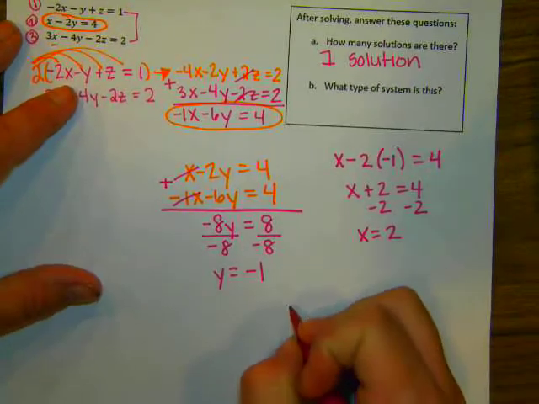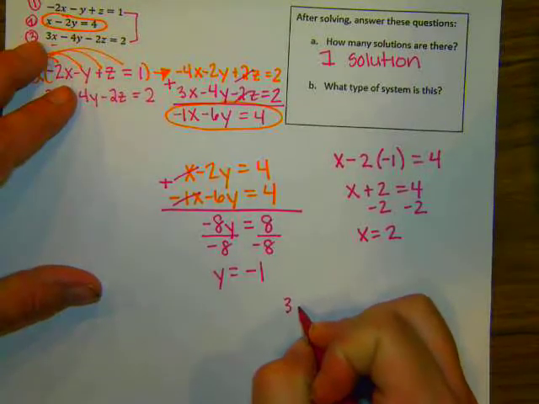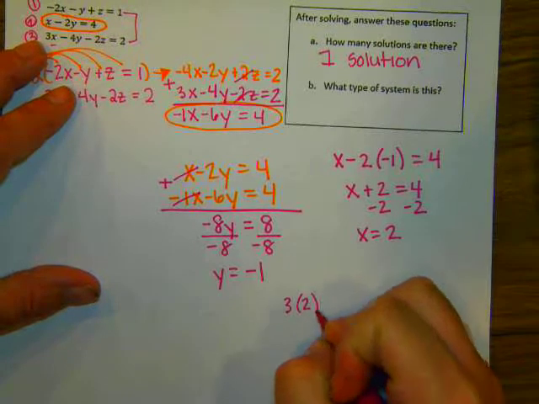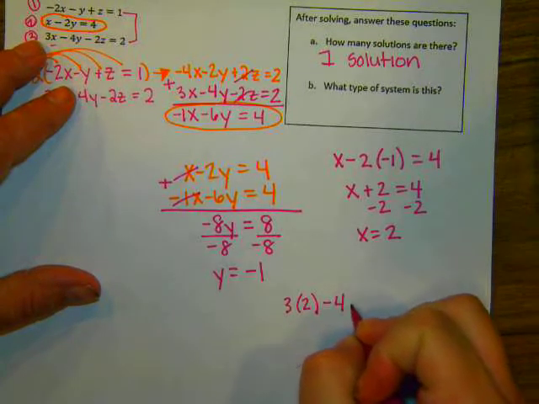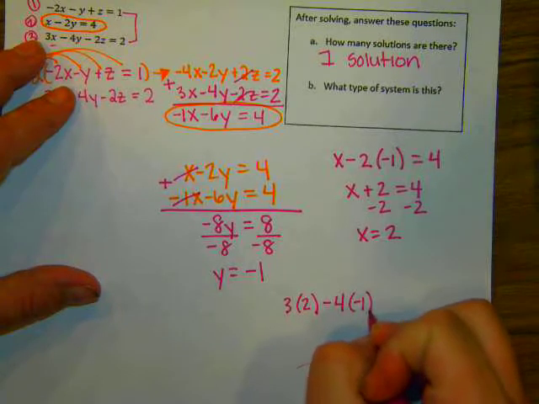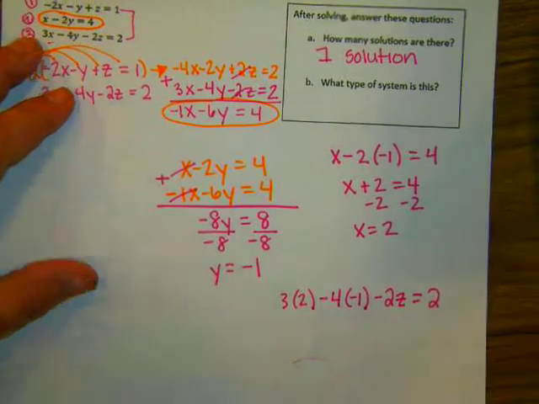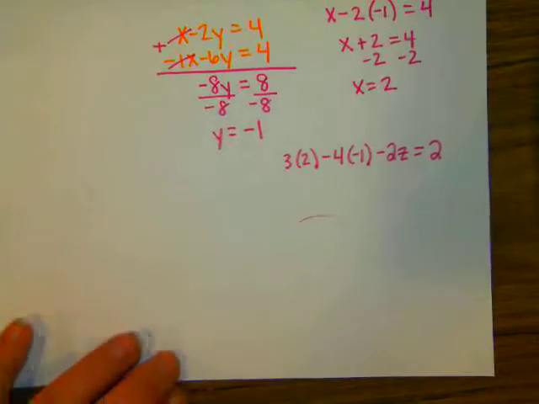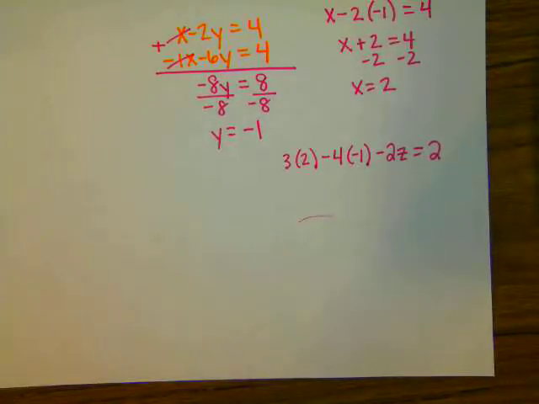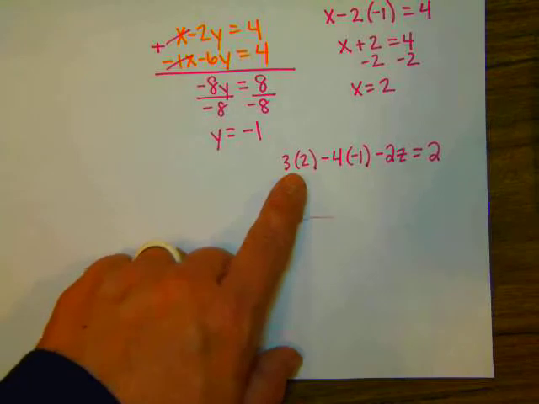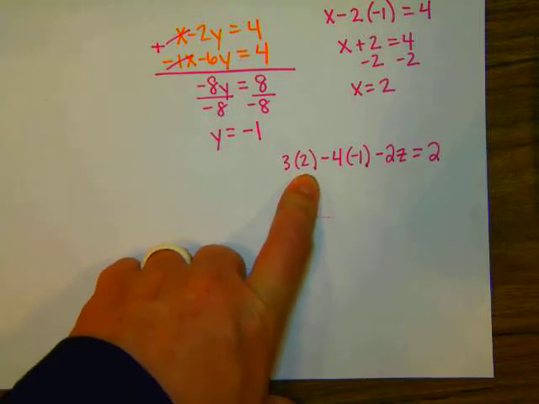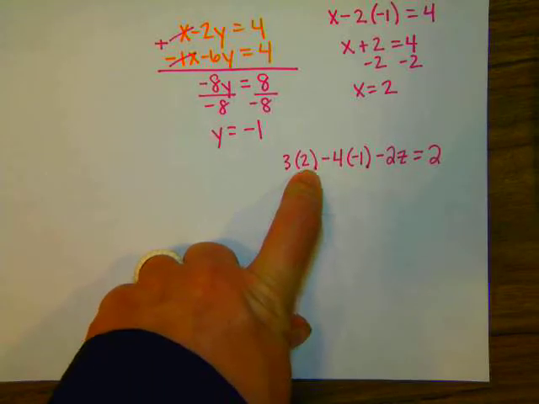So the third one is 3 times x, so that was 2, minus 4 times y, which was negative 1, minus 2z equals 2. So again, notice what I did. I went back to the original equation 3 at the top, and I substituted in for x the 2 we got, for y the negative 1.